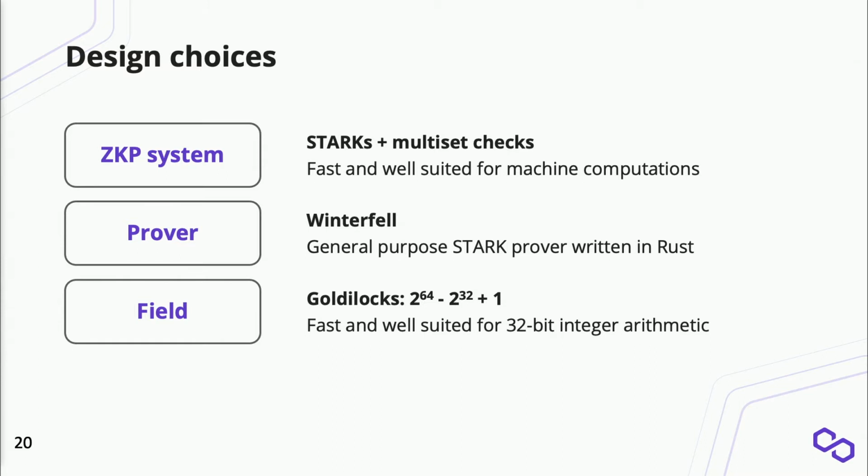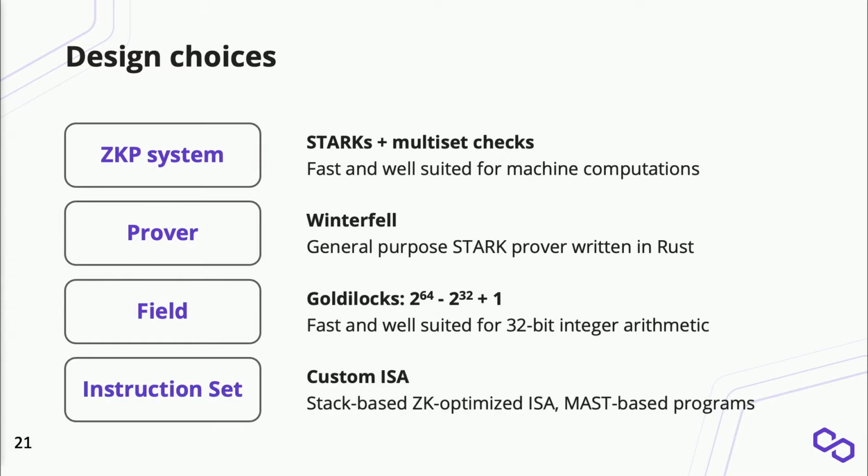And then the next thing is which instruction set do we want to go with, and there are reasons why you would want to go, for example, with the Ethereum virtual machine instruction set, or maybe RISC-V or some other established instruction set. We decided in our case to go with something that is more ZK optimized. RISC-V, for example, or EVM were not designed for ZK friendliness.